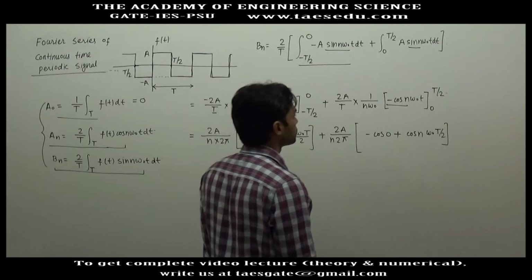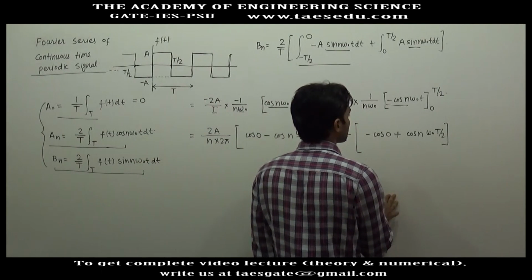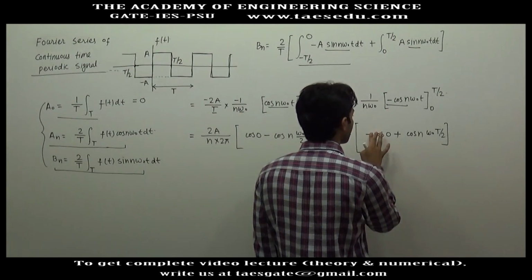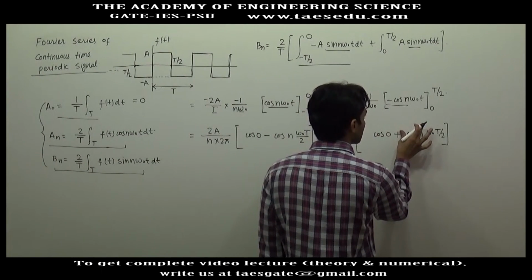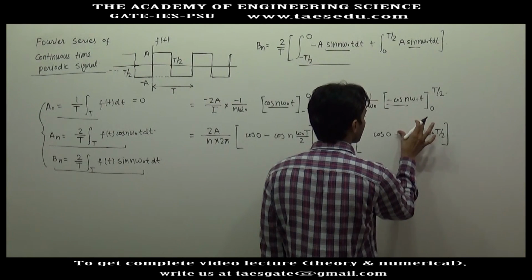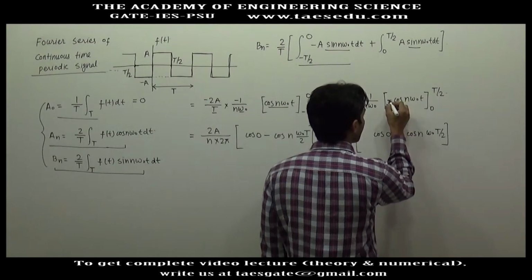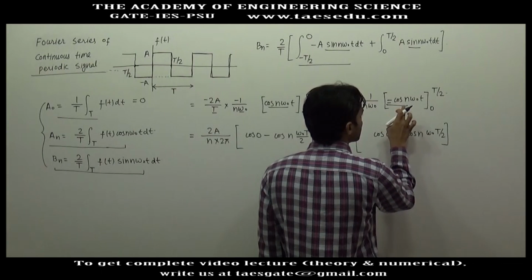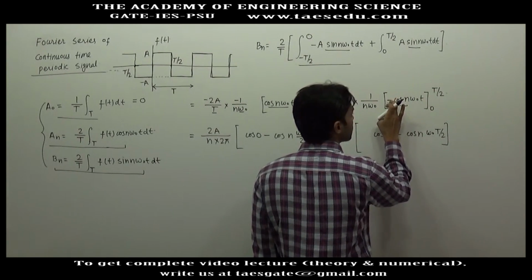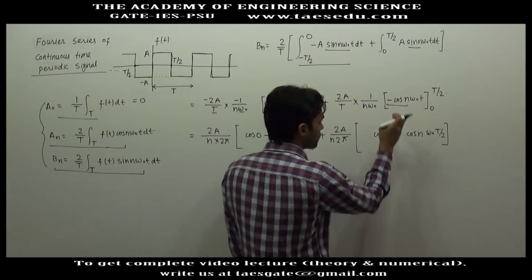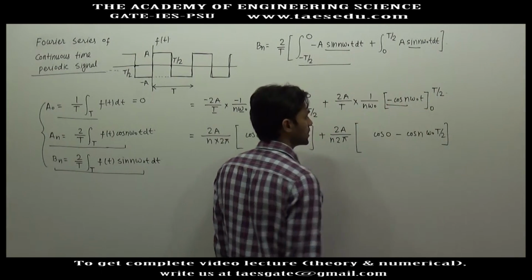No, this will be positive and this will be negative. If you have a minus sign inside, you take cos lower limit minus cos upper limit. If you have a positive sign, you first take the upper limit. If you have a negative sign, you first take the lower limit.